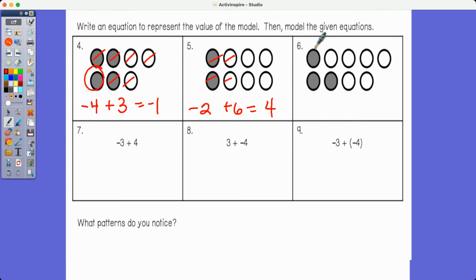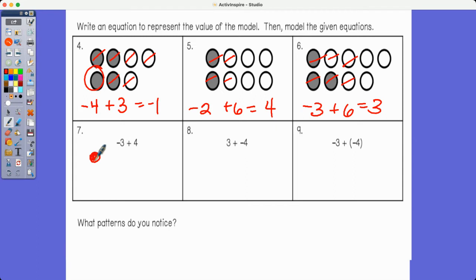Okay. How about this? I have negative 3 plus 1, 2, 3, 4, 5, 6 plus 6. Match up our 0 pairs, and I have positive 3 left. Okay, this time, sorry guys, my nose is itchy. We're going to draw the models.